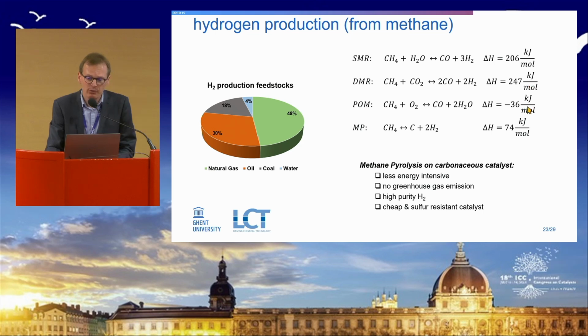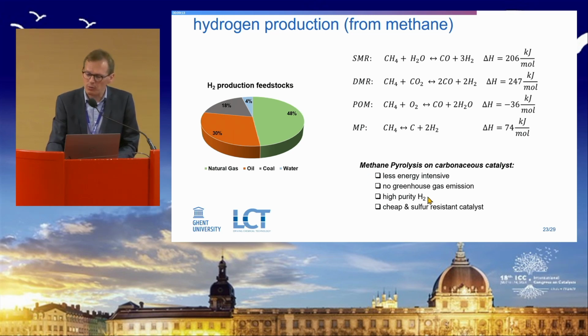When it comes to the endothermicity, it is the least endothermic of the endothermic variants. It doesn't have greenhouse gas emissions. Of course, you have solid carbon, which can be captured, but which is a manner of at least not emitting the carbon as carbon dioxide.